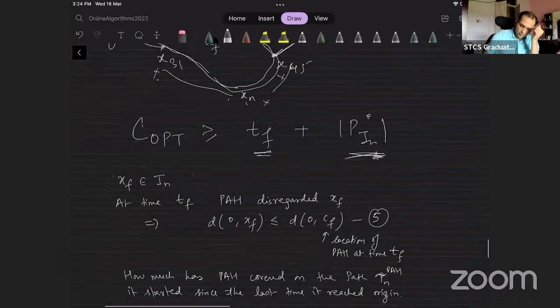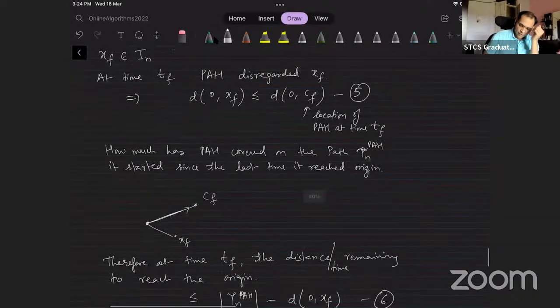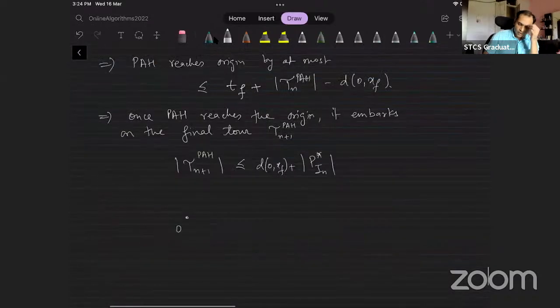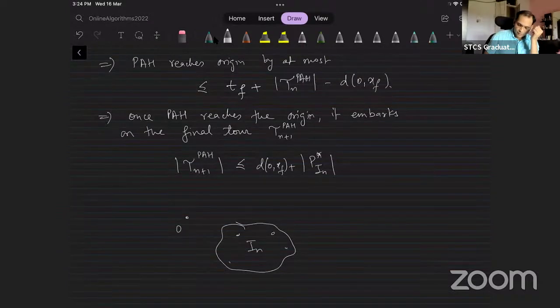Now we are saying I am at the origin. What are the set of requests which are remaining? These are exactly IN. These are some set of requests here. Now one of them is at distance D of 0, XF from it. And we know from XF that this much is nothing but PIN star.